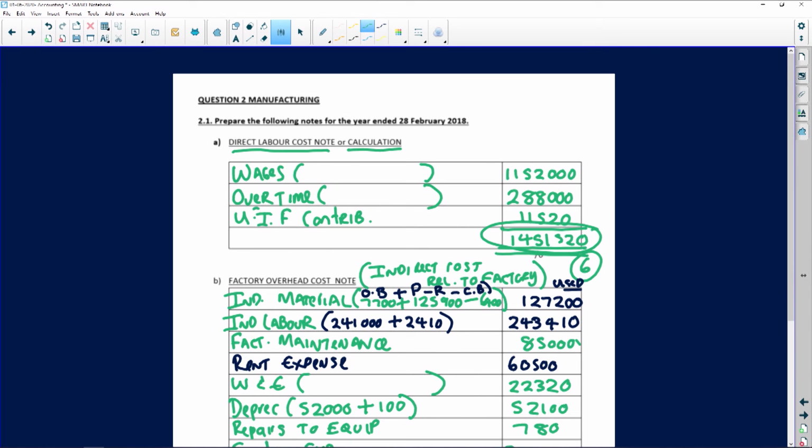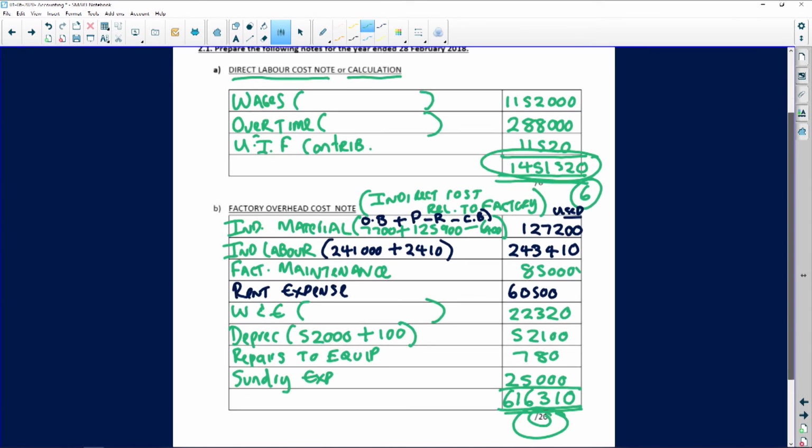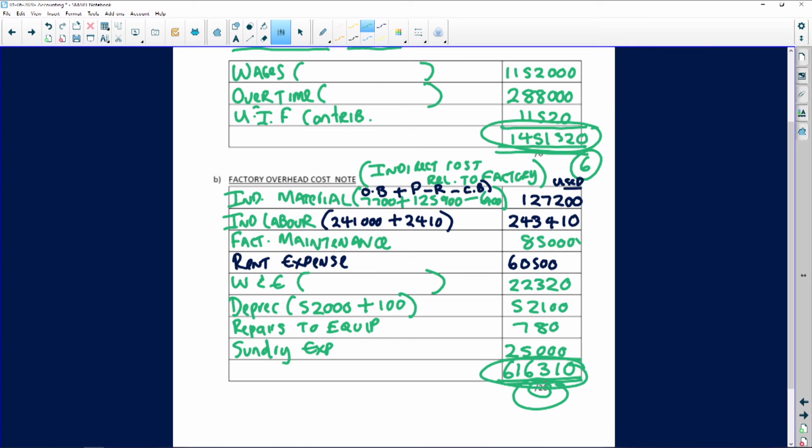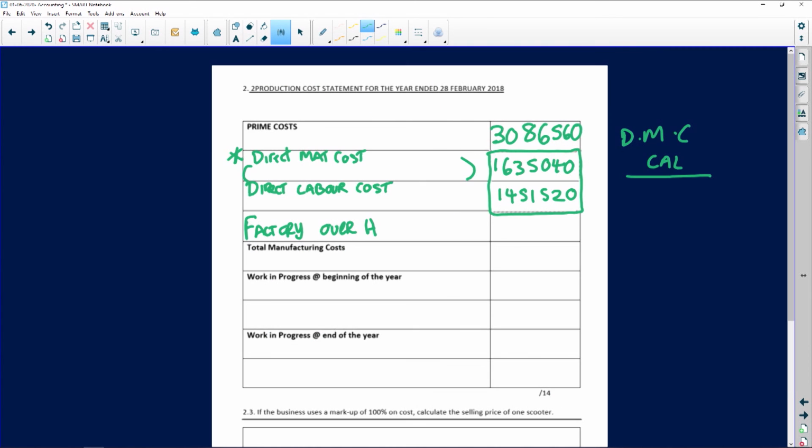So if we go back, our factory overheads, okay, here's my total here, guys. I'm simply taking that through, an amount of 616,310. Right, at this stage, total manufacturing cost. So remember, your total manufacturing cost is direct material plus direct labor plus factory overheads, or it's your prime cost plus your factory overheads.